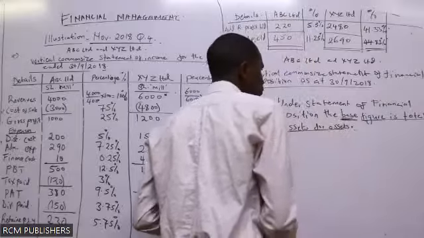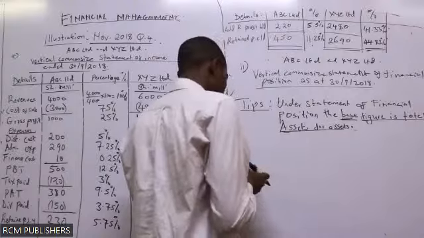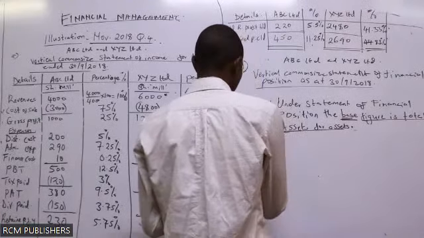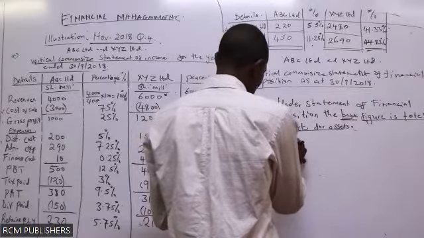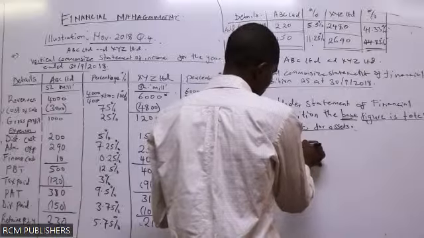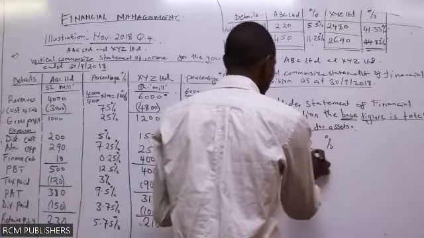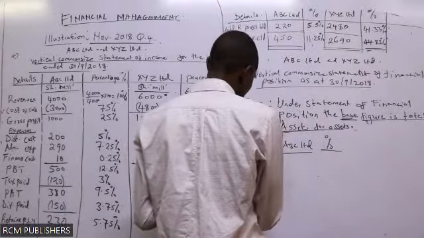So for instance, let me crack it a bit for you. I have detail, ABC Limited, percentage. So I have land and building.